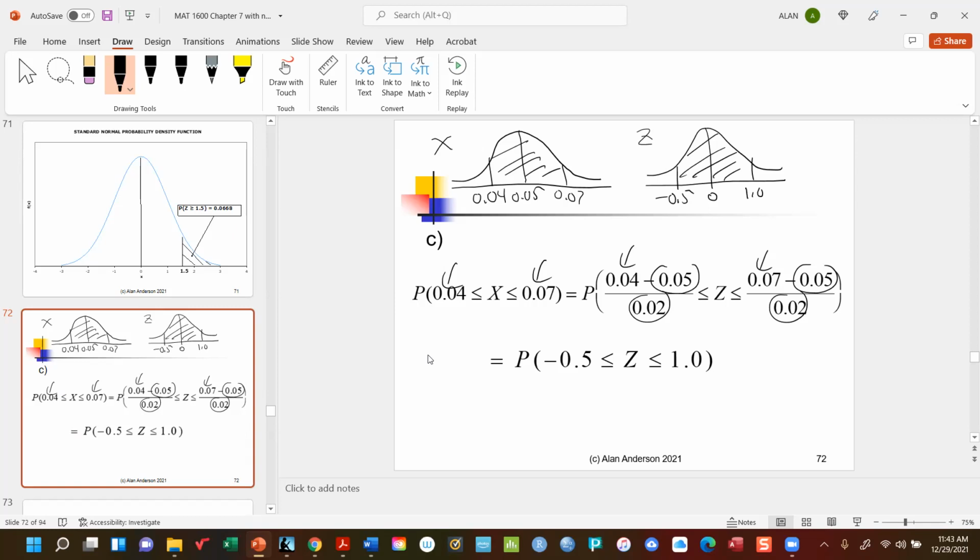Okay, so this is what we're going to work with. And of course, that means we're going to take the difference between these two, each of which we can look up directly in the tables.